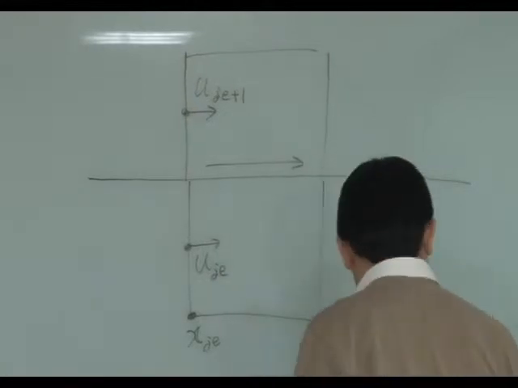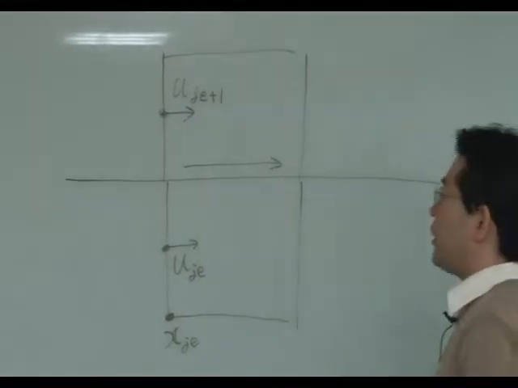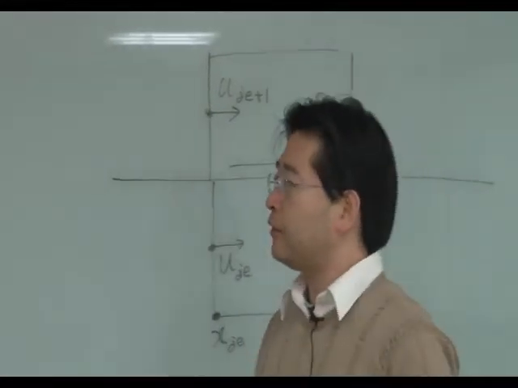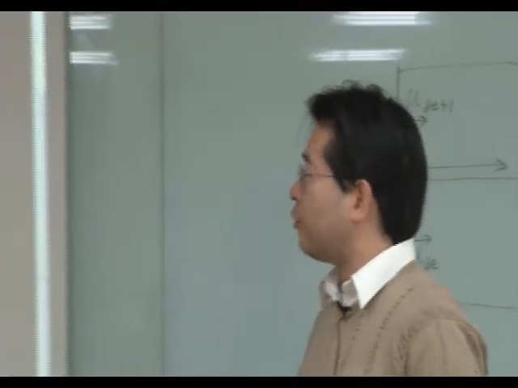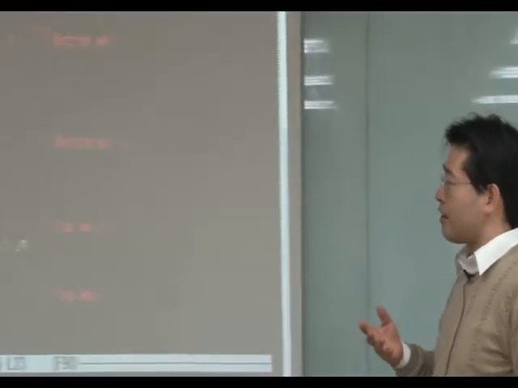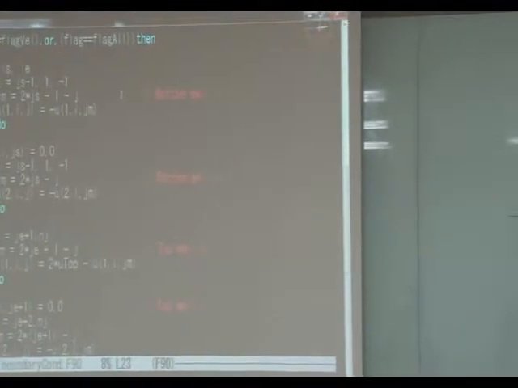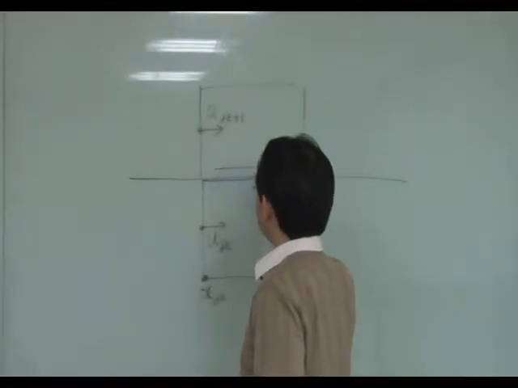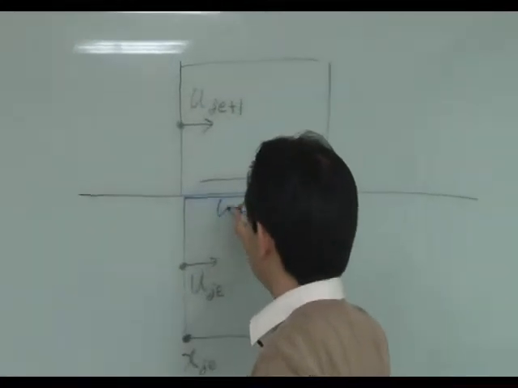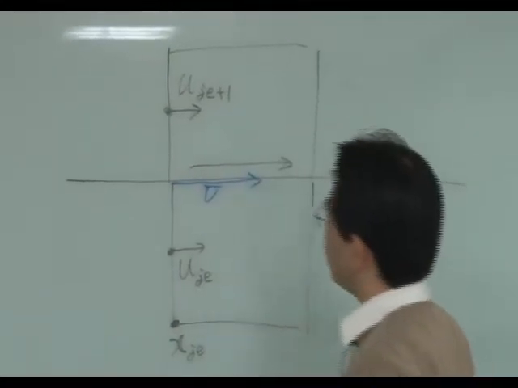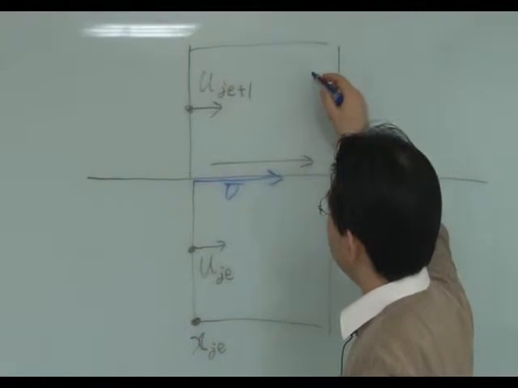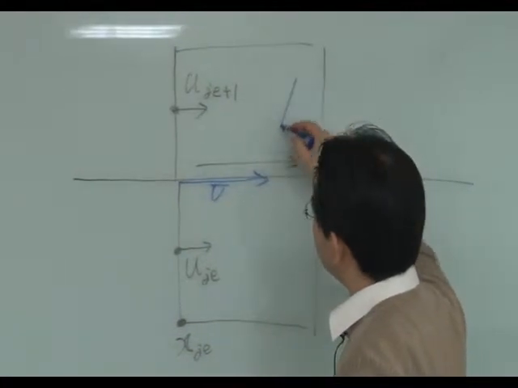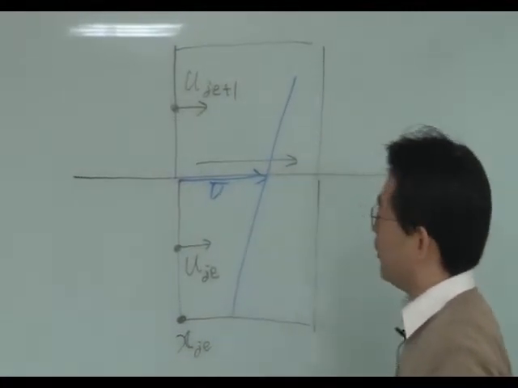So to satisfy the no-slip boundary condition on the moving surface, if this is the inflow velocity, the velocity profile should be locally linear.